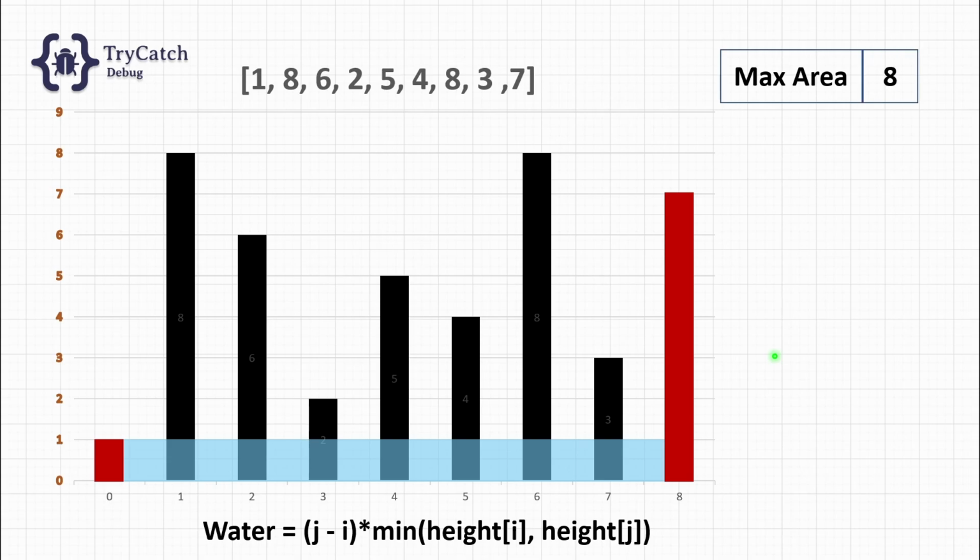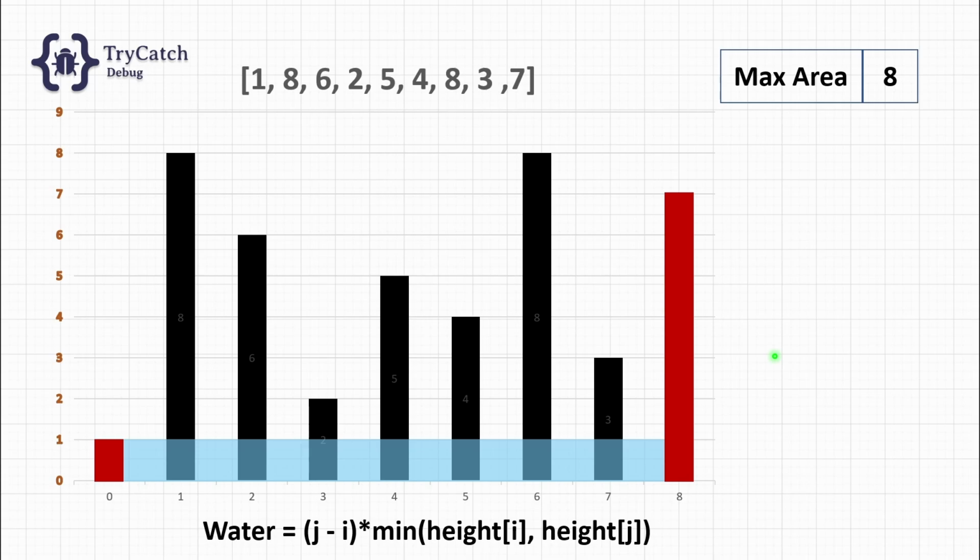If we move index 8 to 7, it will not have any effect, because the height of index 0 is 1, which is less than 7. It doesn't matter if the next index 7 has more height than index 8, because the height of the container will be constant.